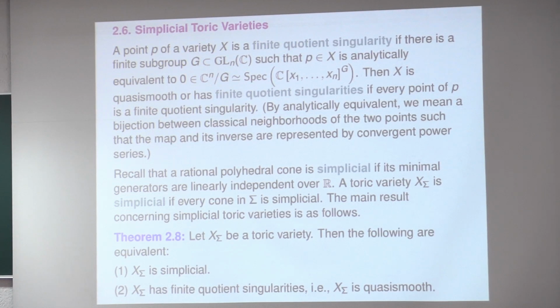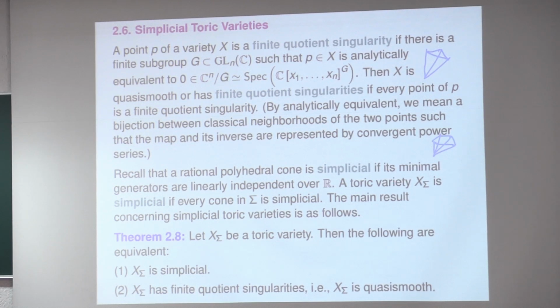A simplicial cone is generated by as many vectors as its dimension. For example, a cone in 3 dimensions generated by 3 vectors like this is simplicial, but a cone generated by 4 vectors, say like this, would not be simplicial.